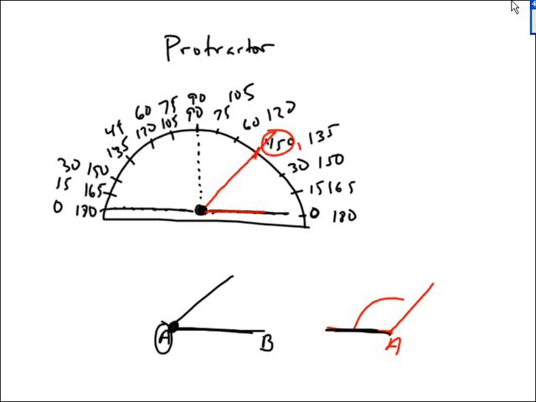So you put A, the angle, right on that circle, or you move the protractor down to the angle, put that circle, which is now a dot, right on A. Make sure that this side lies against this line, and that other side is going to go like this. Now, since this angle is, that's 90 right there, since it's more than 90, we read a larger number. This angle here would be 135 degrees.